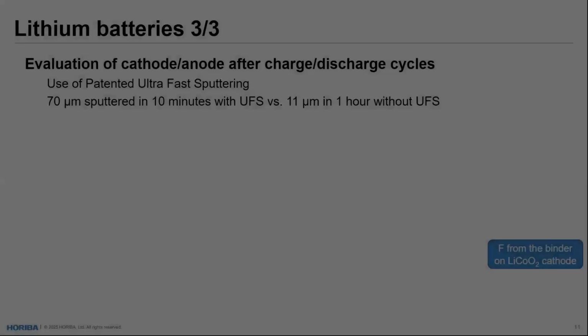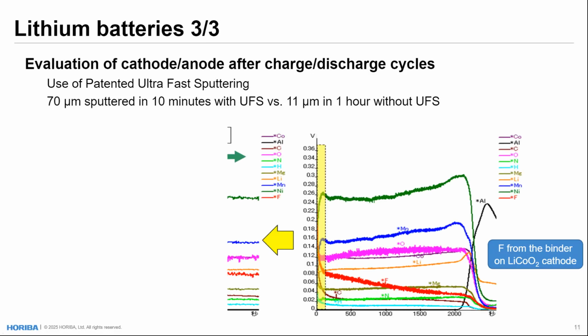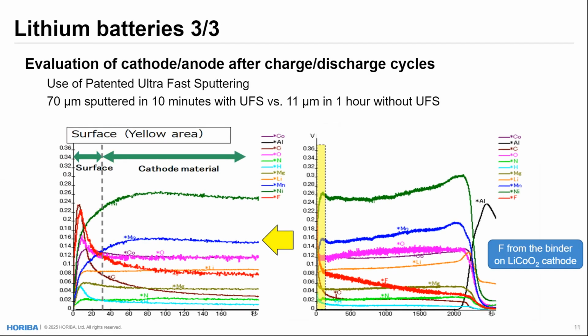So next example is another cathode, which again, this cathode is not damaged, is not as bad as the one you saw in the previous slide, but still it is used. This profile shows a cathode after several charge and recharging cycles.